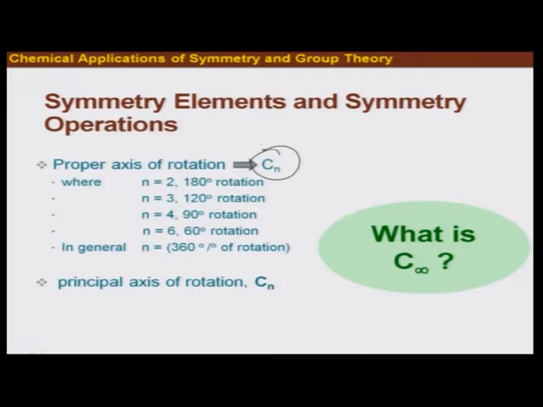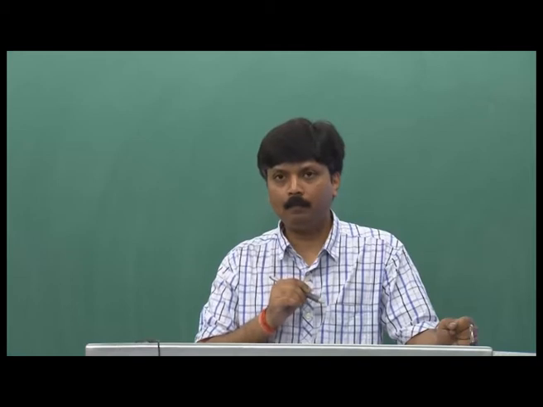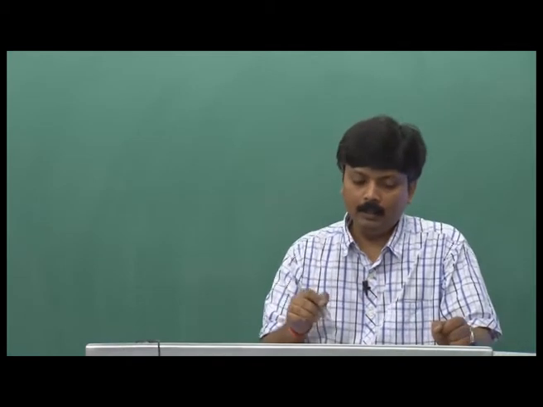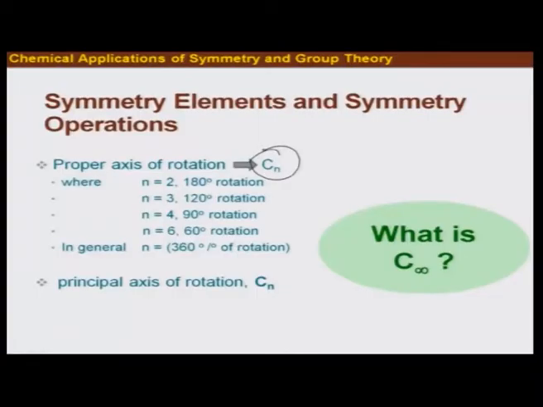Now, in that particular example that I gave you in the last class, we had a 120 degree rotation about that particular axis, which is perpendicular to that triangle. So, what is this n? Okay. So, you can see that for Cn, n equals 2, we have a 180 degree rotation.